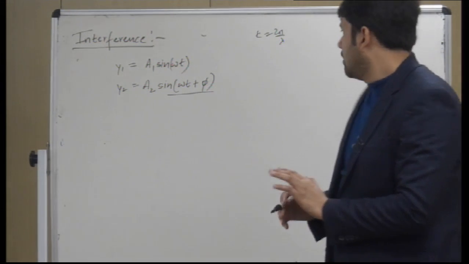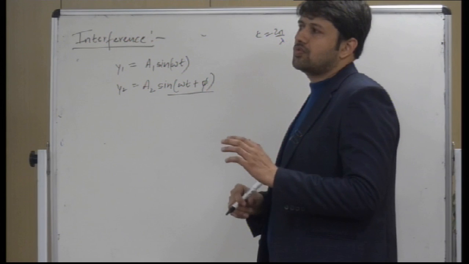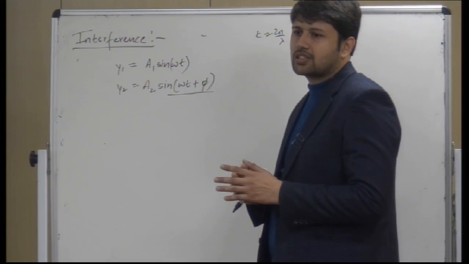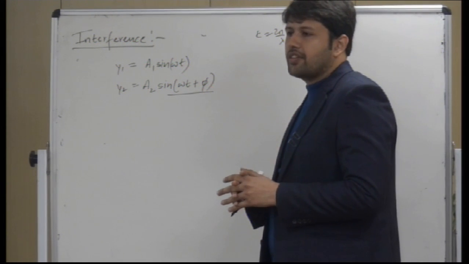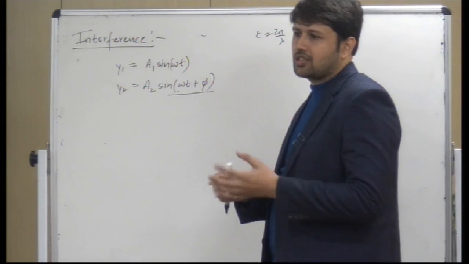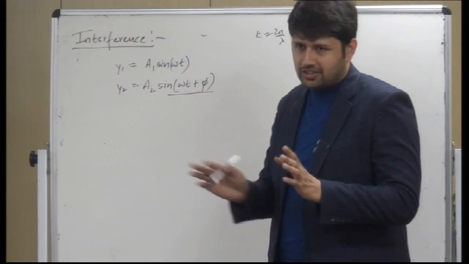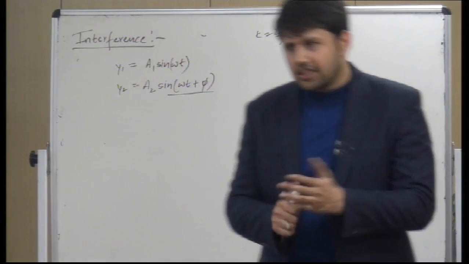This comes when one wave has to travel more distance as compared to the other, or one wave passes through some other medium, some disturbance in the medium or something else. We will discuss these things.